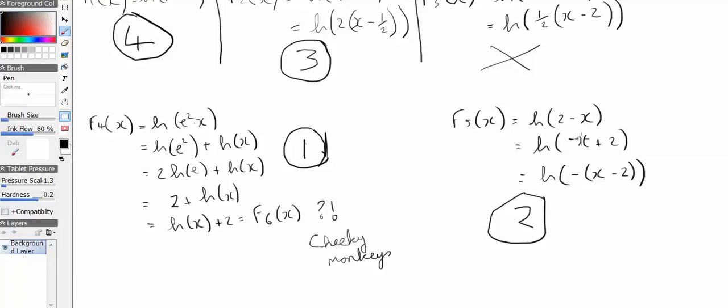So that means it's ln minus x to start with, times it by minus 1, that's a reflection in the y-axis, it's like flipping it around the y-axis. It's going to make it go the other way, which already fits in with what graph 2 is telling us. And then, after you've reflected it, you move it 2 places to the right, the thing in the bracket, which would take it from going through minus 1, 0 after the reflection to going through 1, 0 again, which is exactly what happens with graph 2.